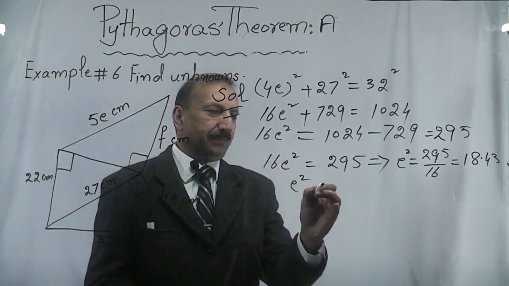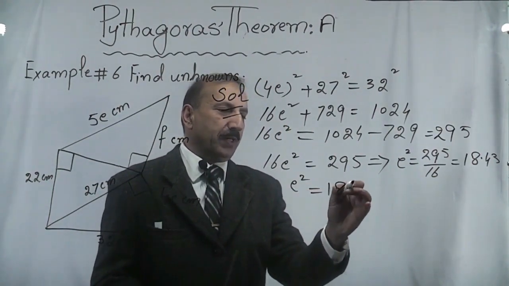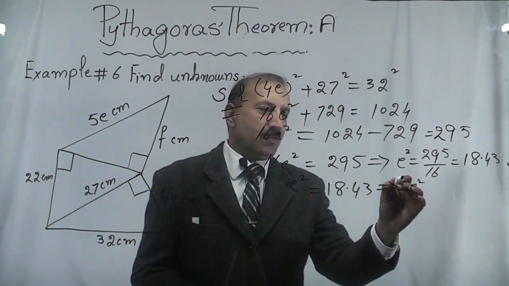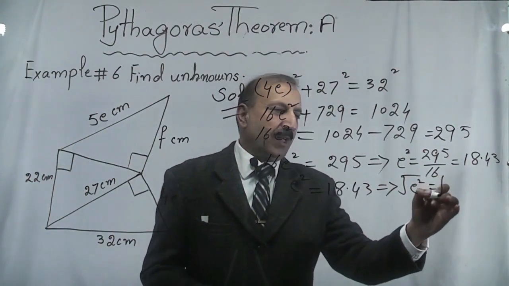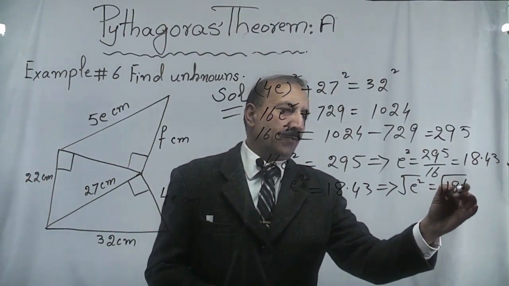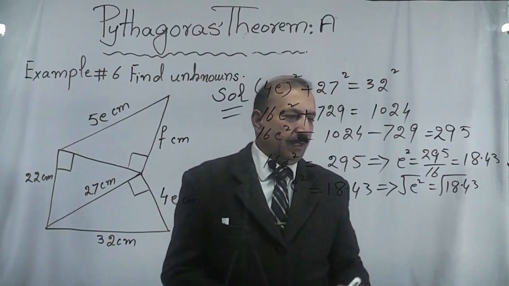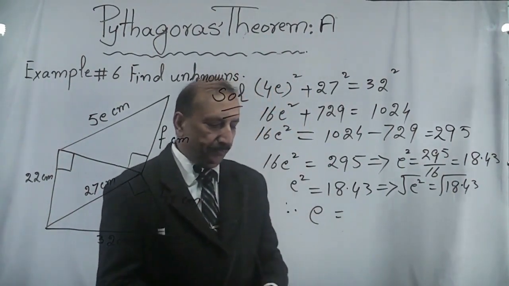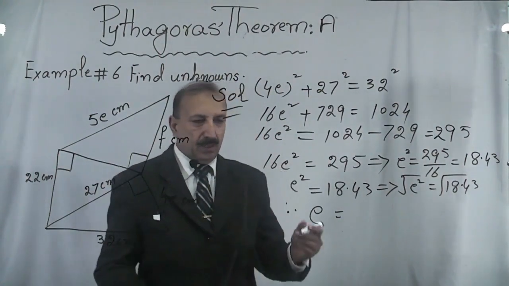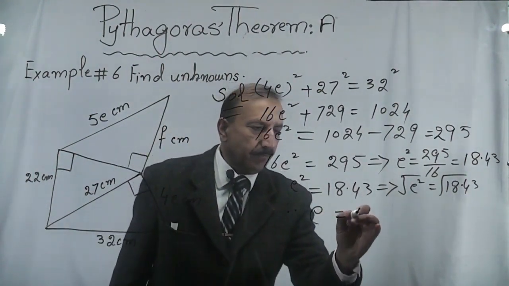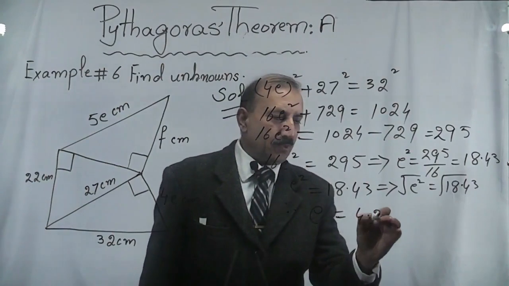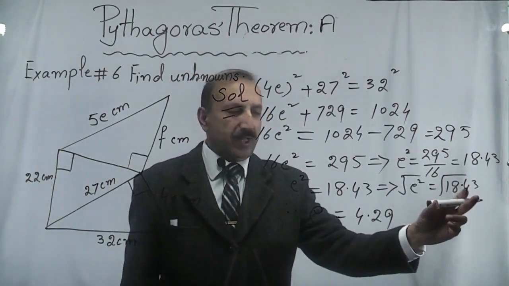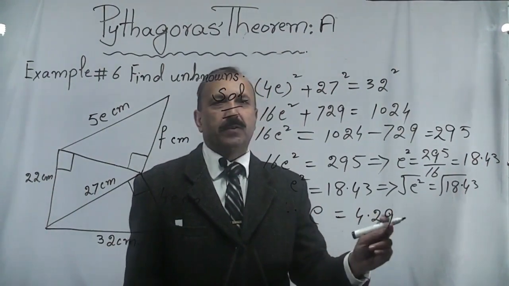Now e square is equal to 18.43, and taking the square root on both sides, the square root of 18.43, therefore the value of e will be equal to 4.29. When you operate the calculator on it, the value of e is 4.29.